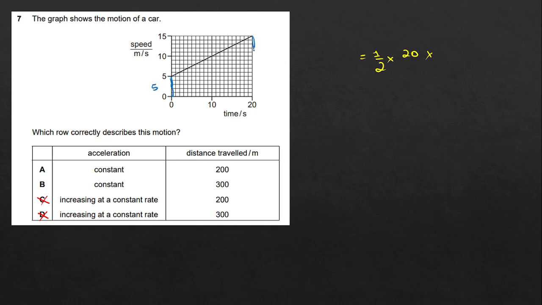The second parallel side is here, which is 15 units. So you can write 5 plus 15. Half of 20 is 10. So 10 times 20 would be 200 meters. The correct answer is option A.